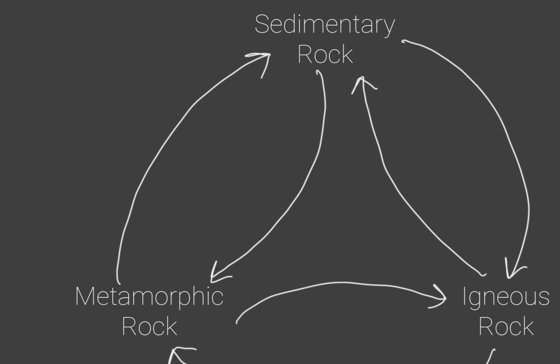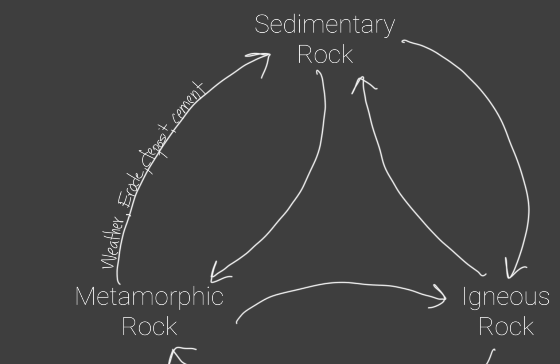To go from a metamorphic rock to a sedimentary rock, we need to weather the rock into small bits, erode the rock to a new location, deposit the rock at a new location, and finally cement the rock to form the new rock.